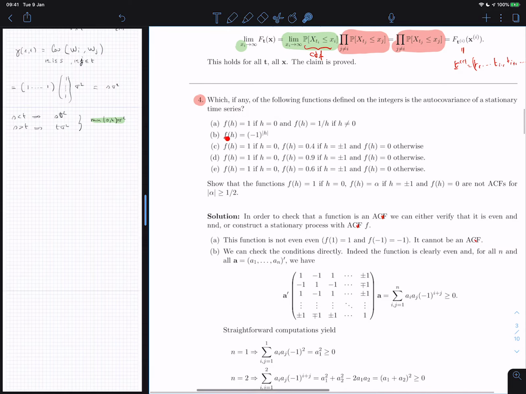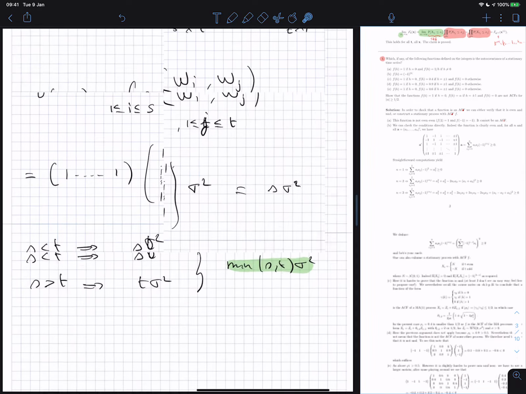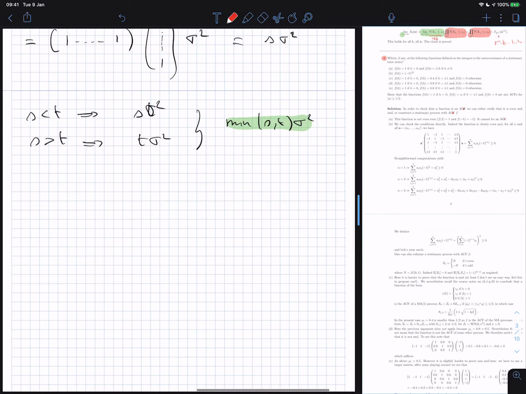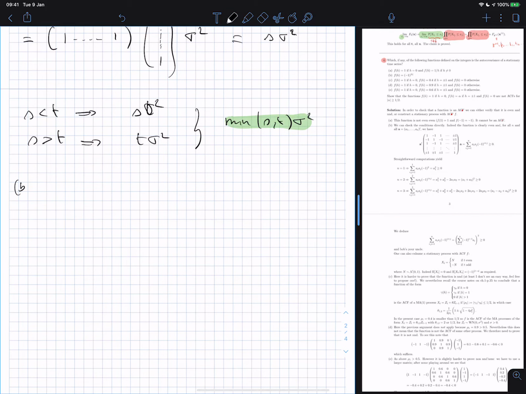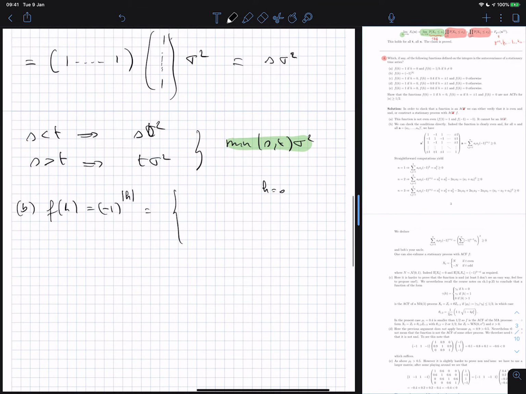We have the function here, so that function is what? f of h is minus 1 to the power absolute value of h. So if I write it out, if h is 0, I get 1.